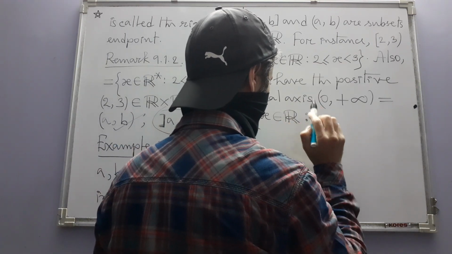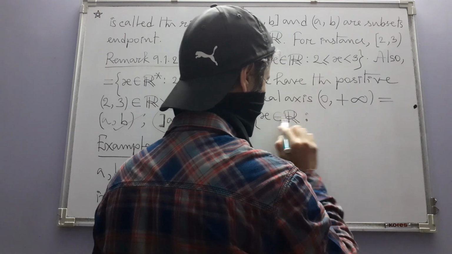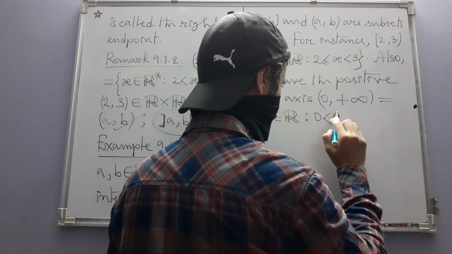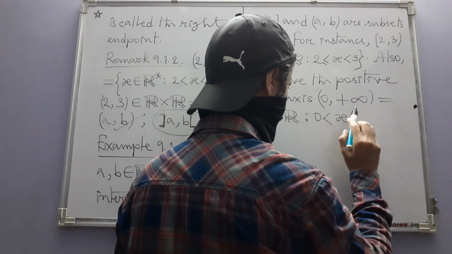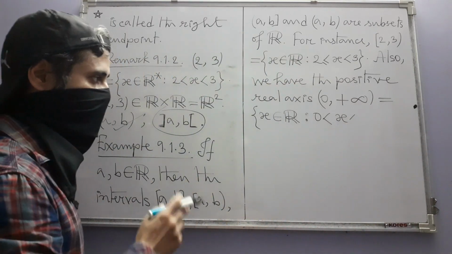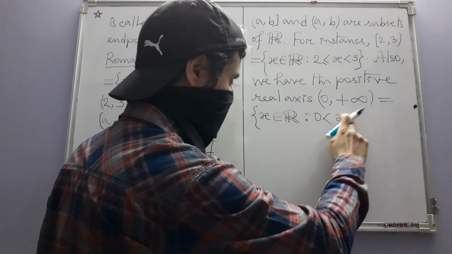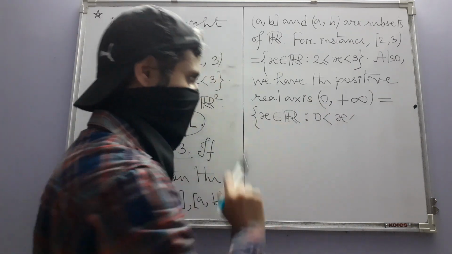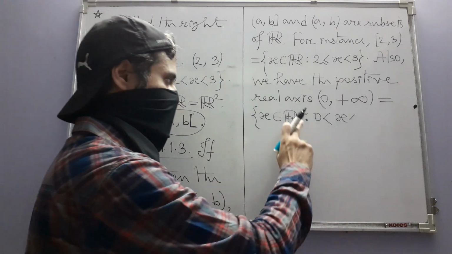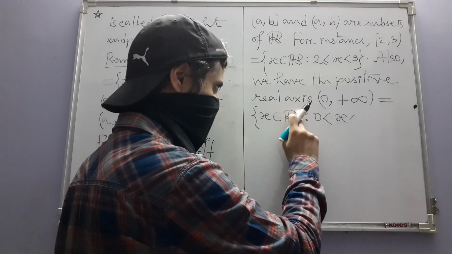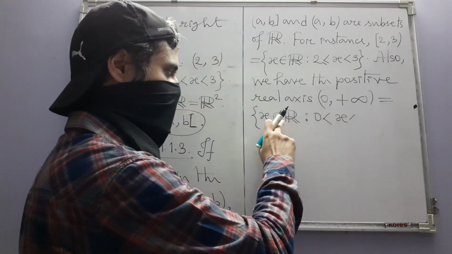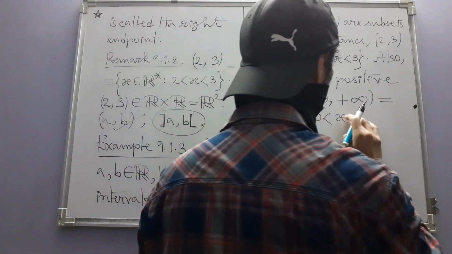If you want you can write it, but ultimately this is the thing. There is in fact no need to write less than plus infinity. That is implied by x coming from R. If you are writing R star here, then you have to write the inequality here. But if you are writing R here, then that's just it.